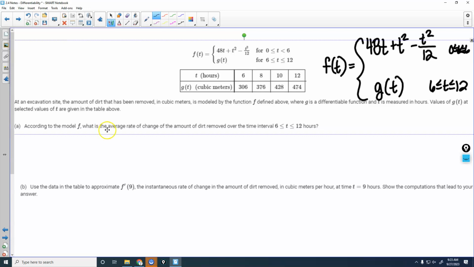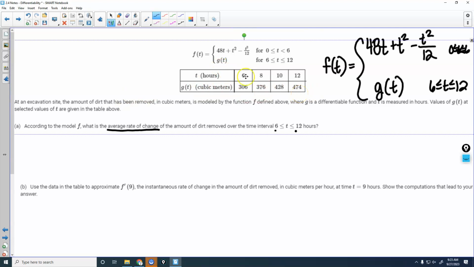Now, it's asking average rate of change. What are we going to do when it's asking us for average rate of change? Slope through the endpoints wherever our interval is, right? So we're looking at 6 to 12. From 6 to 12, we're supposed to use g of t, which we only have a table for.